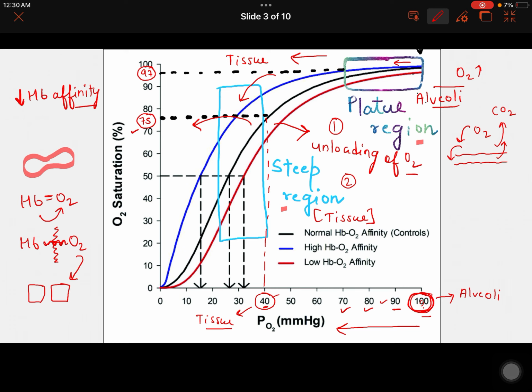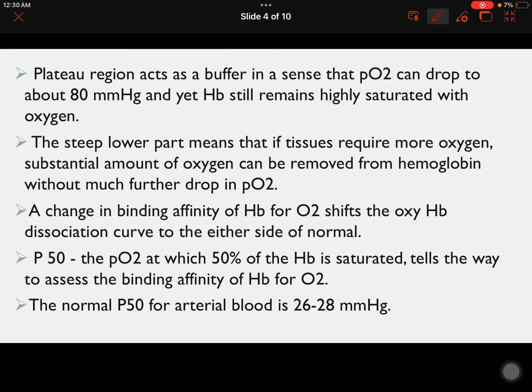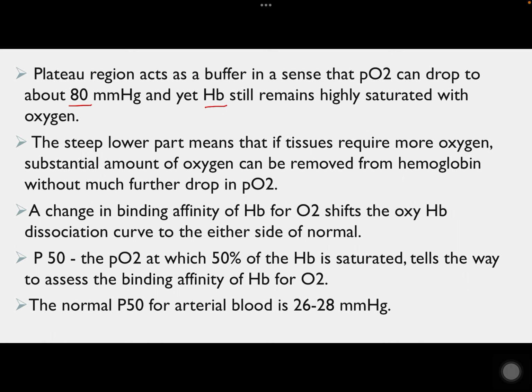So even at the level of 100, 90, 80 or 70, we are maintaining the saturation in this range only. So that is the beauty of the plateau region or the flat upper part of this particular graph or curve, right? Even if the PO2 is dropping further from 100 to 80 or 70, still the Hb is highly saturated with the oxygen.